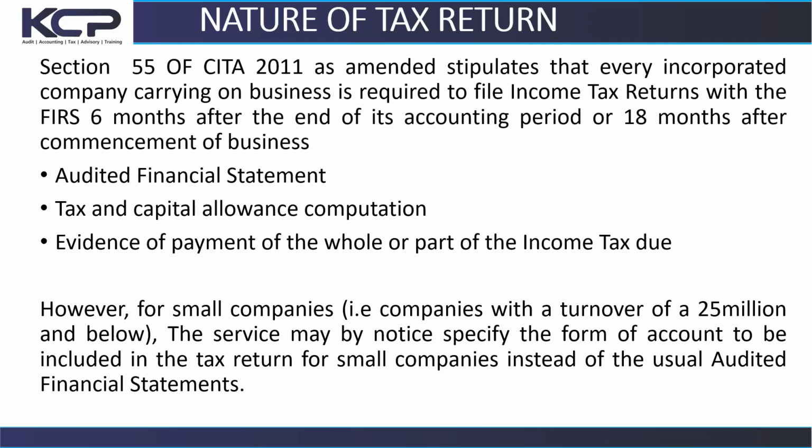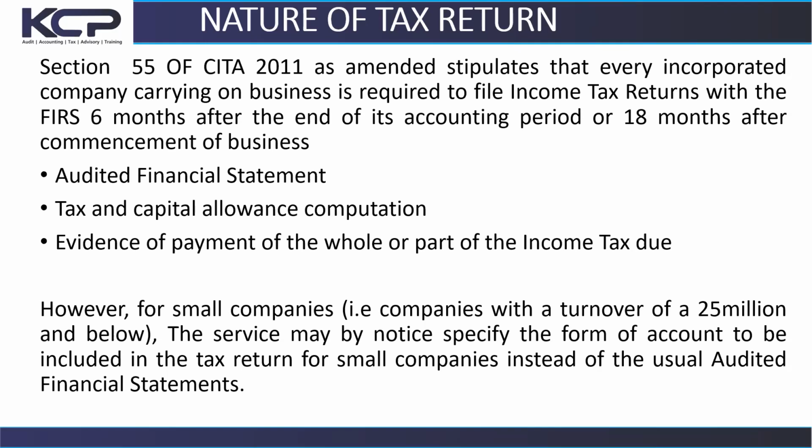Within the plight of the concern that FIRS has raised with regard to providing evidence of the incurring of the capital expenditure on assets qualifying for capital allowance, of course we'll continue to engage the service, but that should not stop you from making your tax returns. The best they could do is, after you have filed your tax returns, they could give you a debit review assessment trying to disallow the capital allowance that you have claimed.